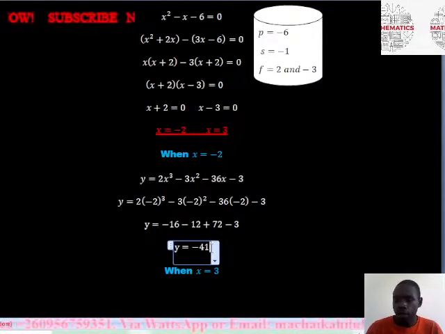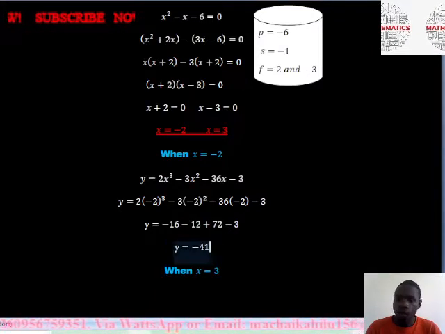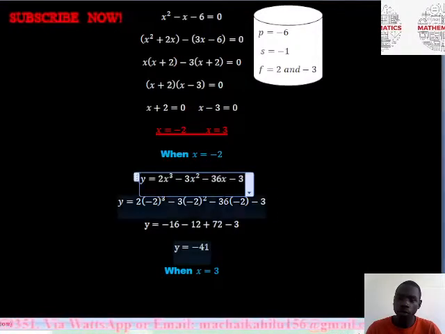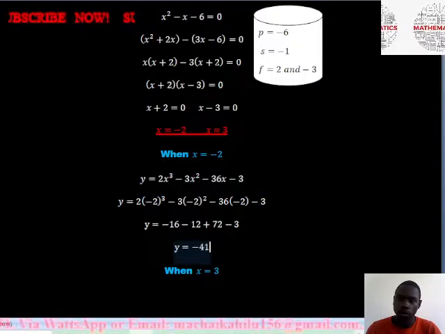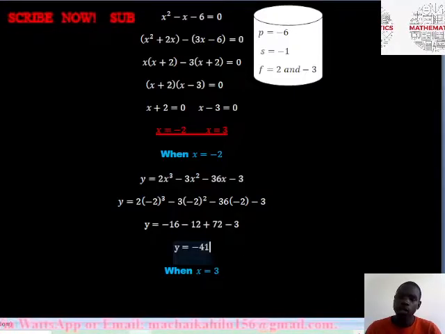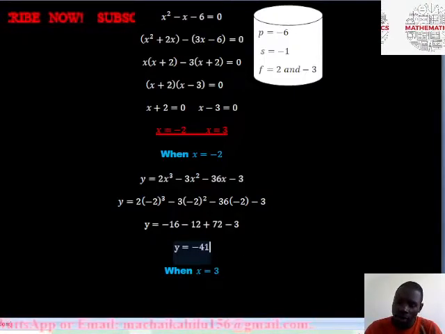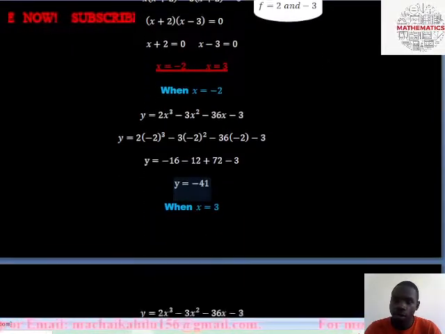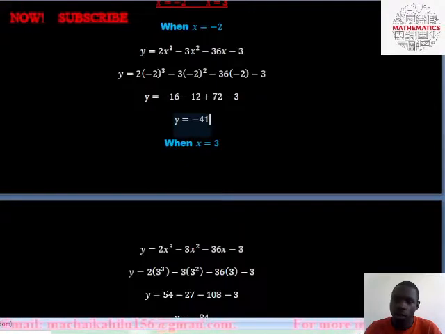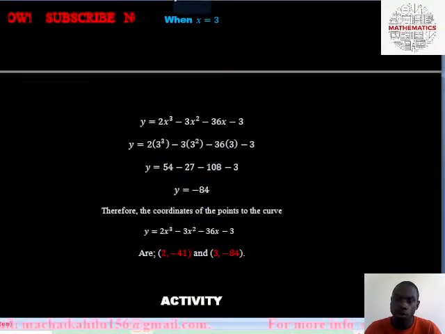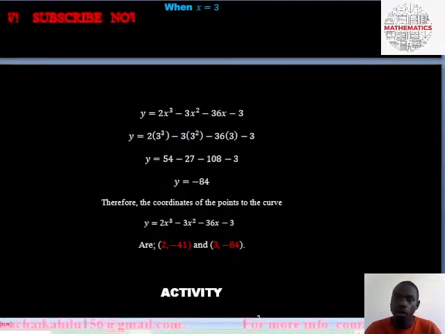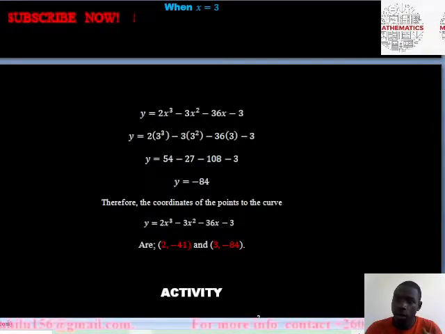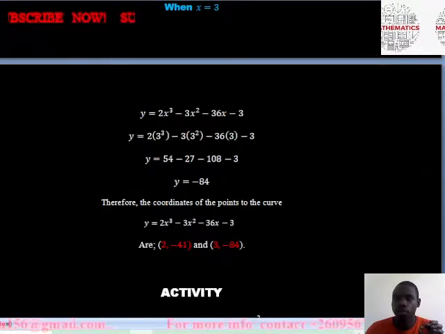So to find the other value of y, since we have the second value of x as 3, we are going to say when x is equals to 3, then we are going to substitute that value, which is 3, onto the same curve.